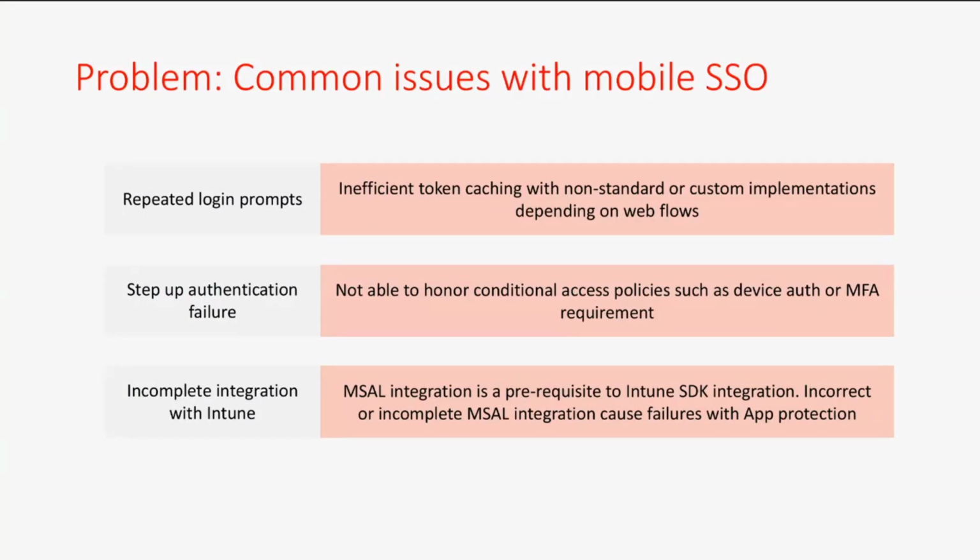First thing, repeated login prompts. Imagine you open the app, you log in, then you close and reopen, and maybe it asks again. Or you open an app, you log in, you click on something else, but ultimately get redirected back to the login experience. The reason this happens is, one, you're not using MSAL and you're not leveraging the token cache.